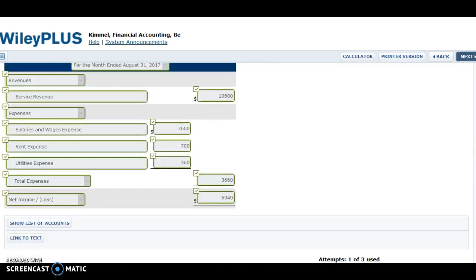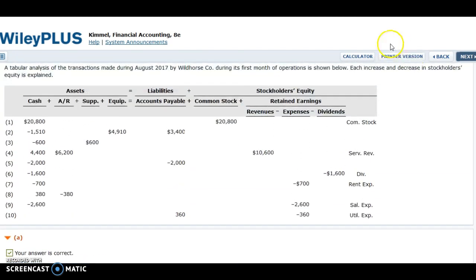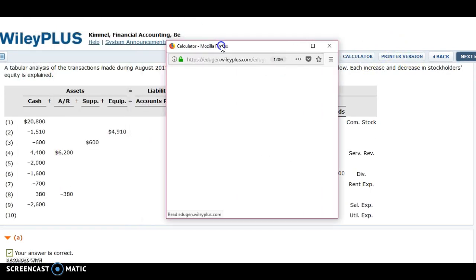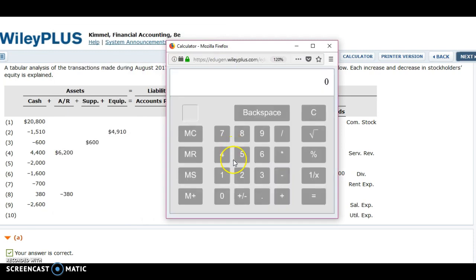Now, we're going to add up our cash. Calculator time. $20,800. Credit $1,510. Credit $600. Debit $4,400. Credit $2,000.